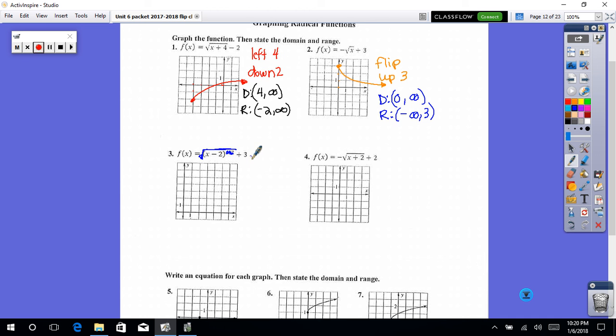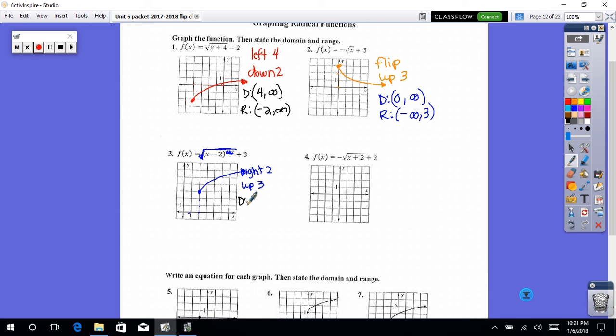The plus 3 is outside of it. So that means we are going to the right 2, and then we're going to go up 3. So right 2, up 3, and there's our graph.